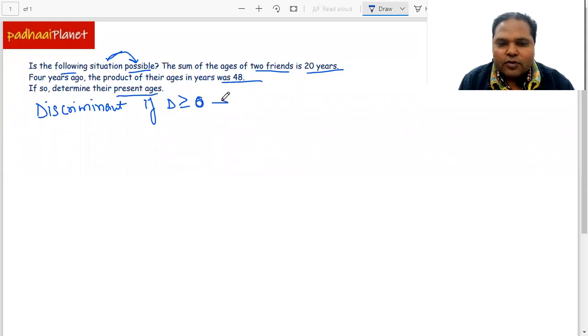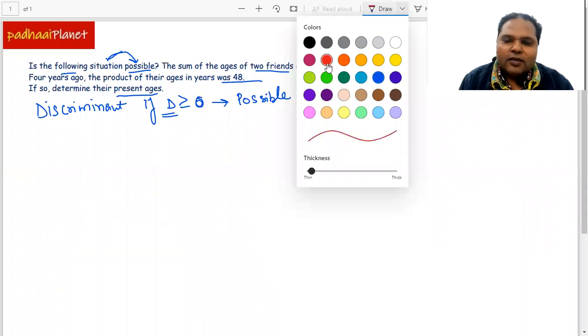Otherwise the roots are imaginary and not real, so we will consider that this situation is not possible. So first let's find out the value of D, and to find it we need the quadratic equation of this relationship, right?